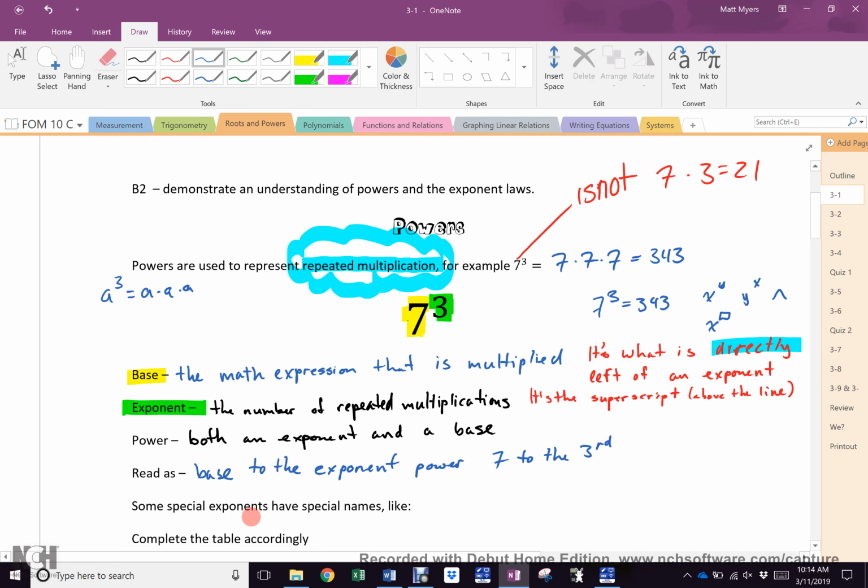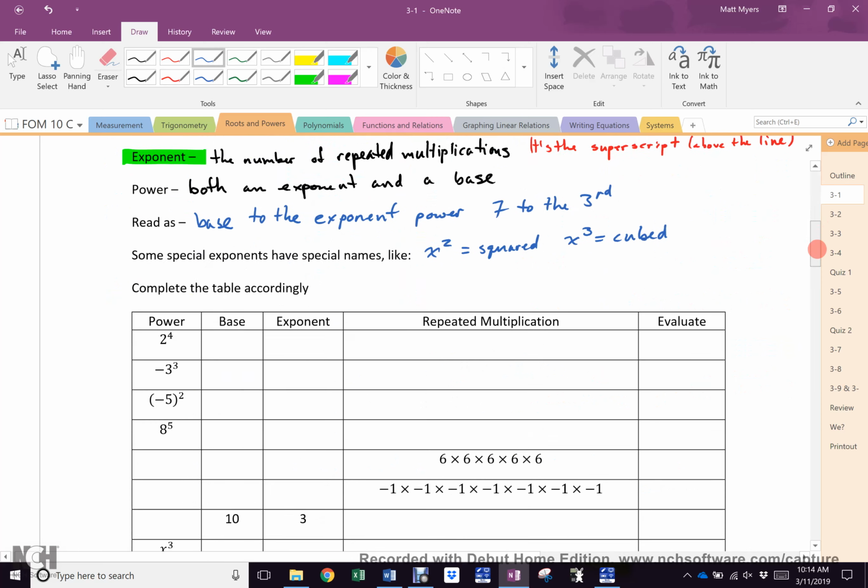Now, you are all aware that anything to the second power is squared, and anything to the third power is cubed. Nobody else gets a special name. I hop back and forth between those all the time. Sometimes I'll say 7 to the third, sometimes I'll say 7 cubed. Everybody cool?